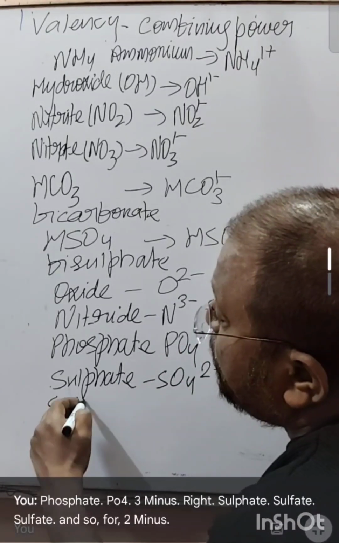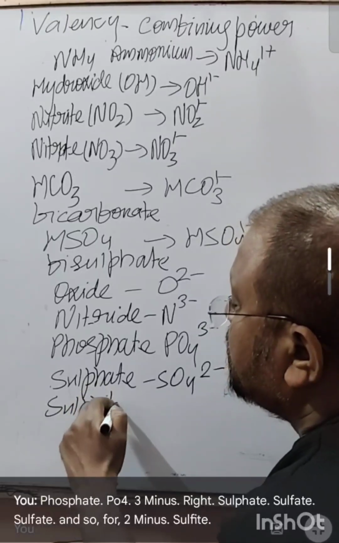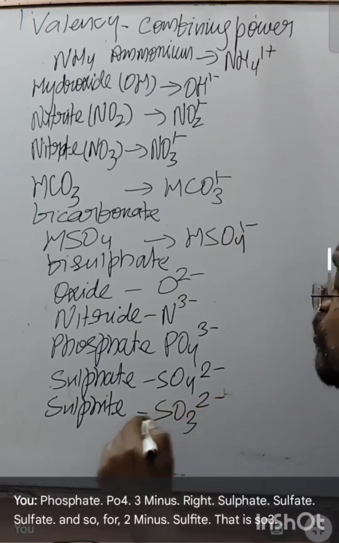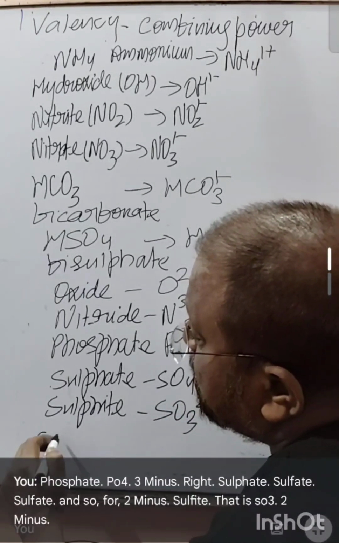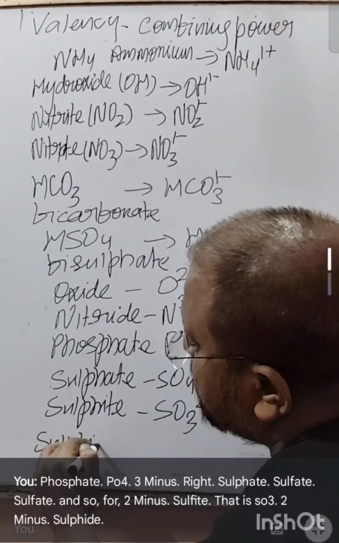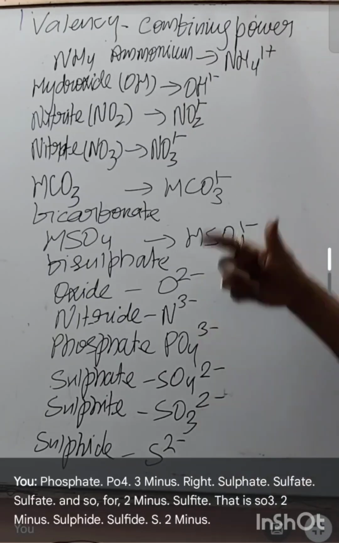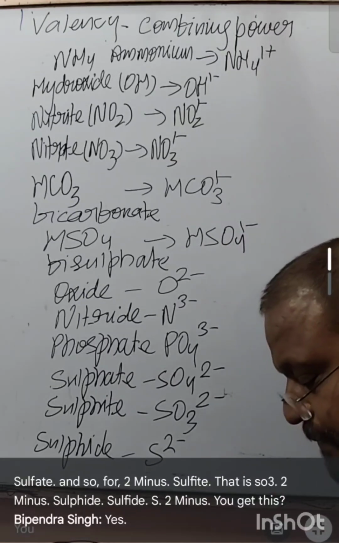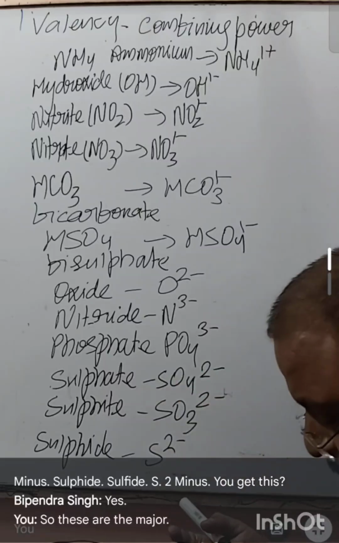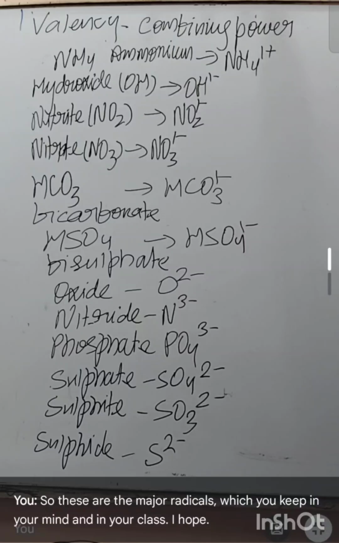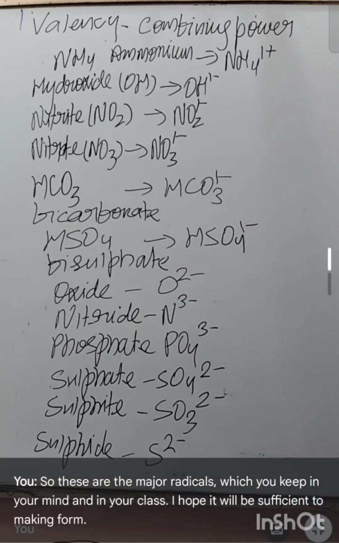Sulfite, that is SO3 2 minus. Sulfide, S2 minus. You get this? Yes, sir. So these are the major radicals which you keep in your mind, and in your class I hope it will be sufficient to making formula, right? Yes, sir.